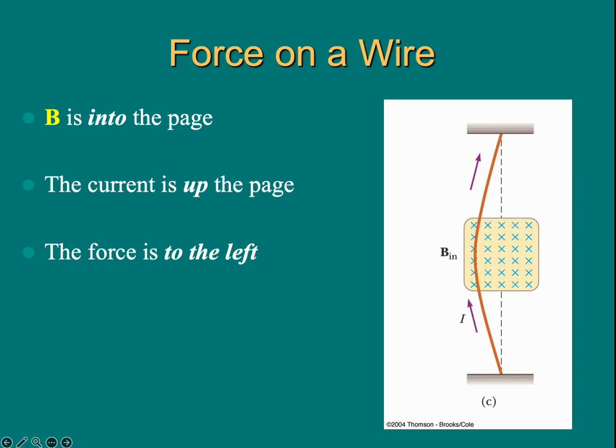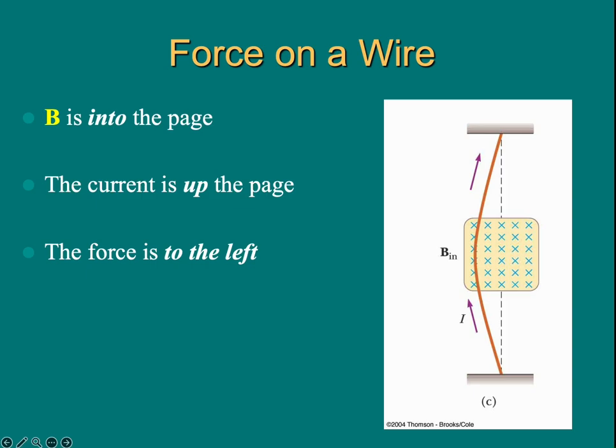If there's a current going up, let's test our right-hand rule. First we need to point our forefinger in the direction of current. Then our forefinger would be pointing up. And we need to curve our forefingers into the direction of B. In this case, my B is pointing into the surface.